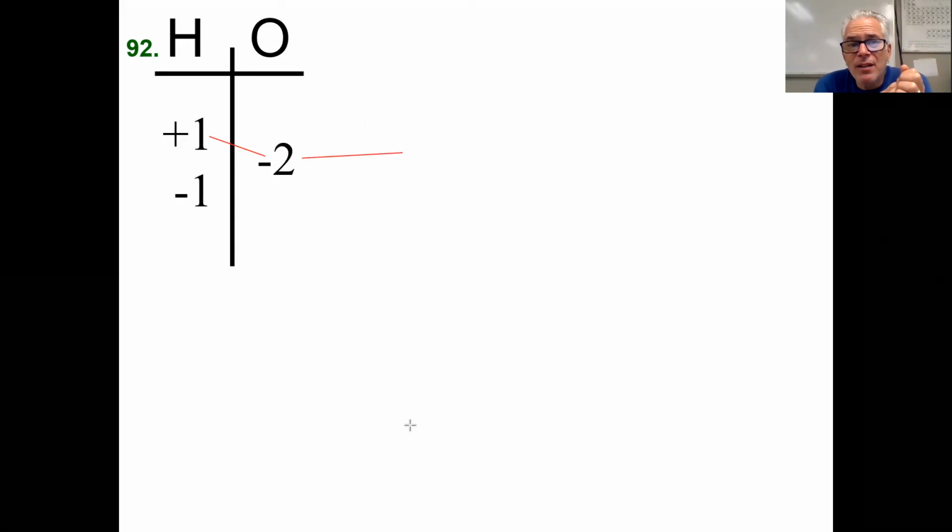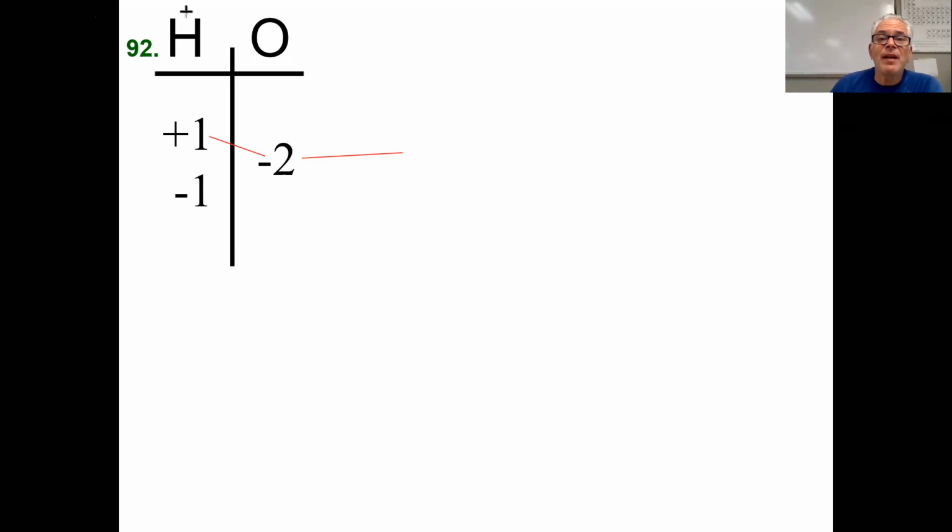If we have a positive 1 for hydrogen and a negative 2, when the positive and negative are opposite, they can cancel out. We can't cancel this out in a 1-to-1 ratio. That would not work. But if we had 2 hydrogens, each positive 1, that would balance the negative 2.